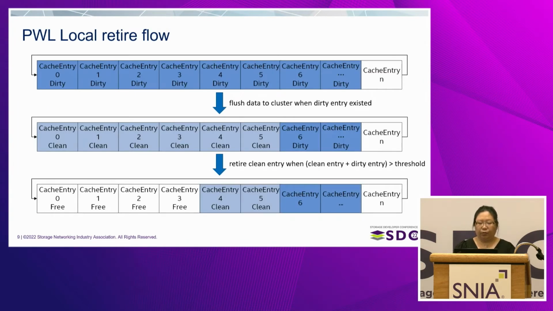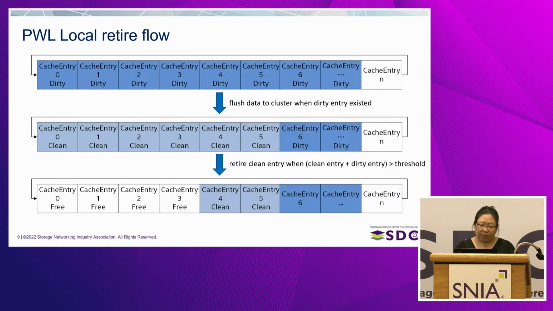So we pointed out that the cache is a ring. When there is a dirty cache entry, meaning user data has been written to the cache, we mark it dirty. There is a background thread. When it finds a dirty cache entry, the background thread will write data back to the Ceph cluster.